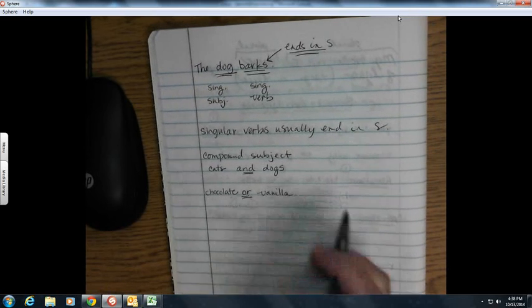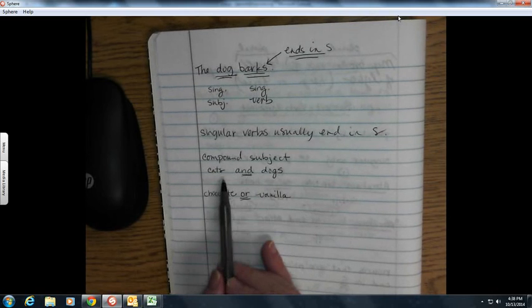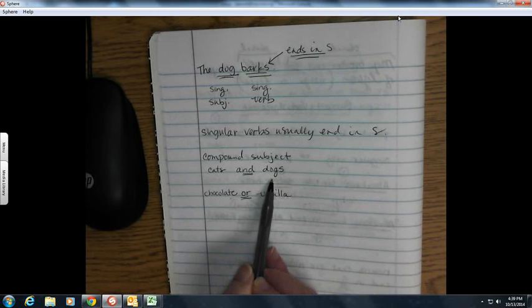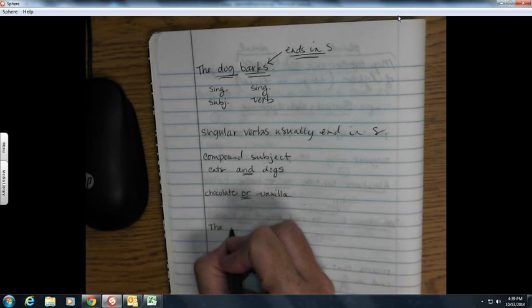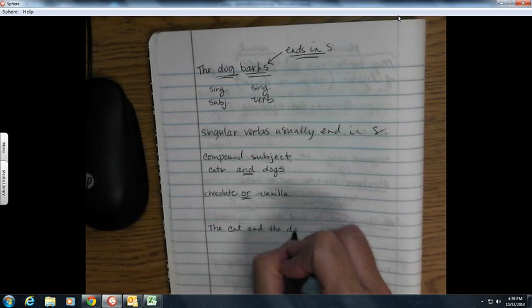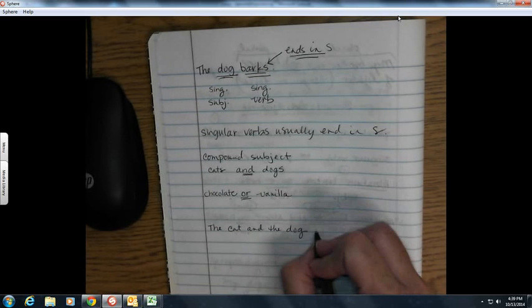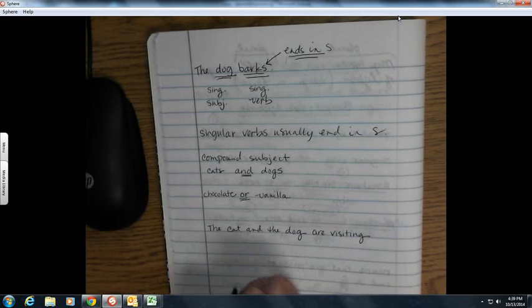So if you use and, that means that there's more than one automatically, right? So you have this thing and this thing, which would always be more than one. So the cat and the dog, that's two things, are visiting my house.